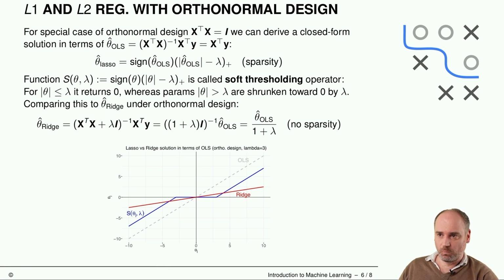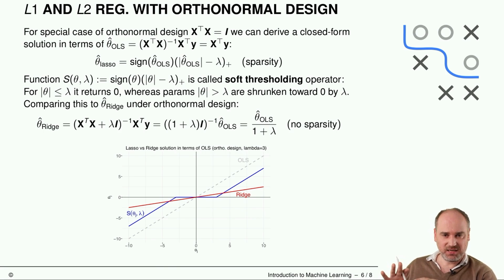We'll look at how our Lasso and our Ridge solutions look as a function of the unregularized minimizer.